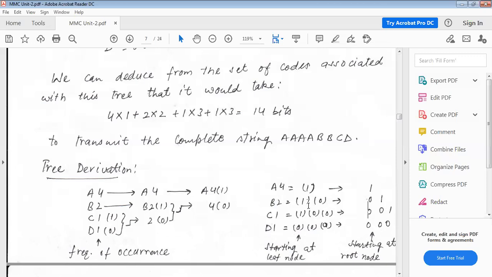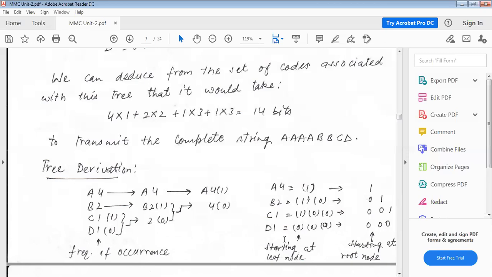It is very simple. So only one reverse operation I have done here. So 1 is 1, 10 is written as 01 reverse, 100 again reverse, 001, and 000 reverse 000. So this is the simple thing I have done. Starting at the root node is the reverse of starting at the leaf node. Okay, this is the tree derivation.